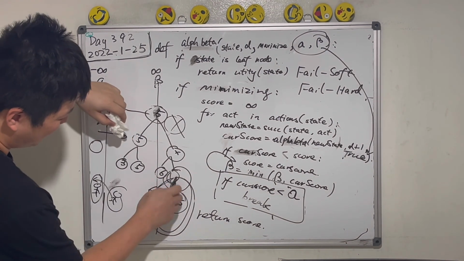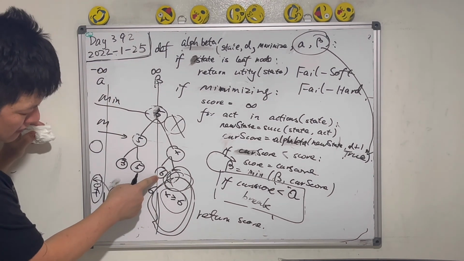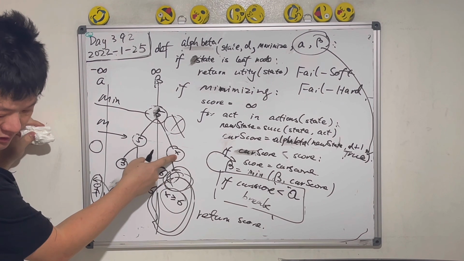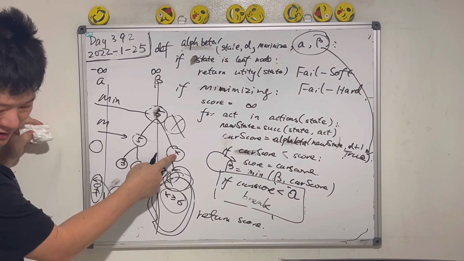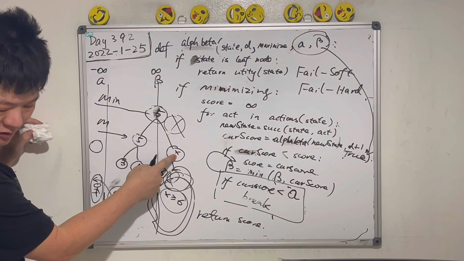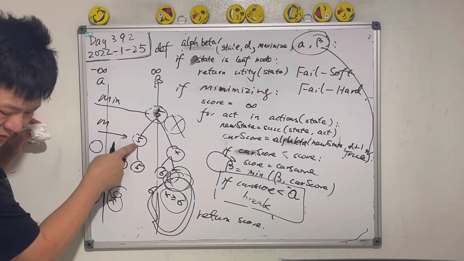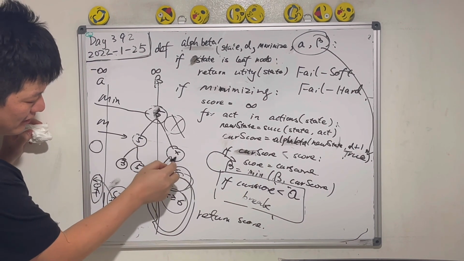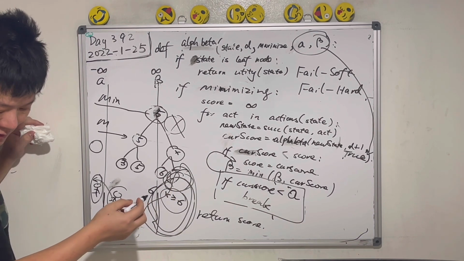Now 6, and no matter what happened here, when you visit 6, it must be 6 or over. But since the minimum is 6, and 6 is already over 5, so we know the minimum on the overall result is 5.